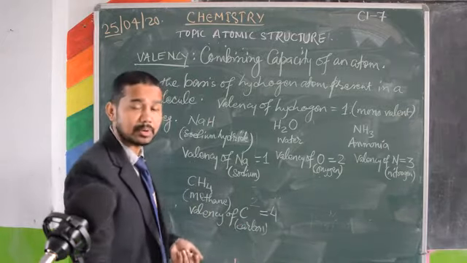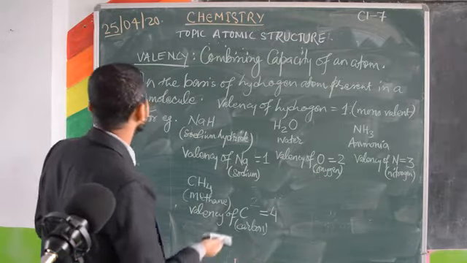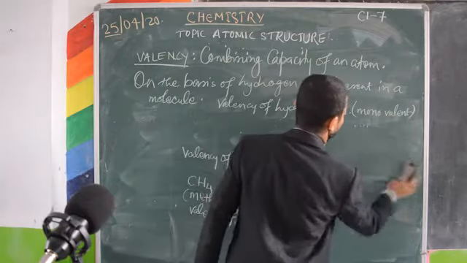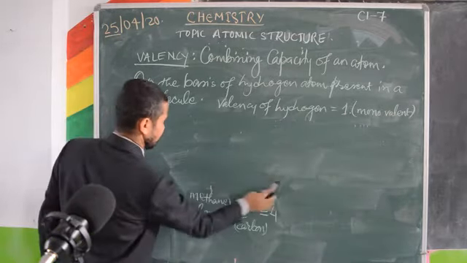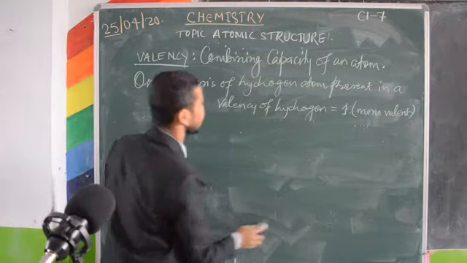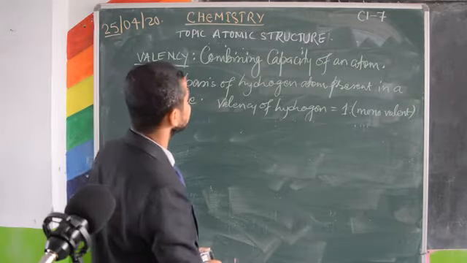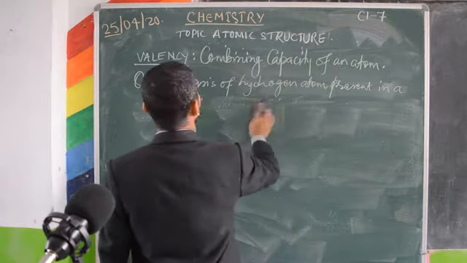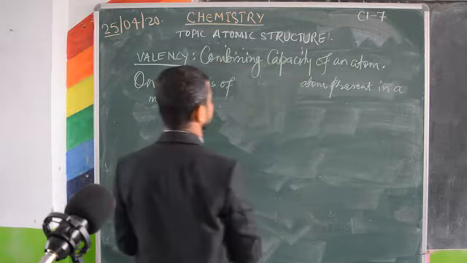Similarly, on the basis of chlorine also we can explain the valency of another element present in the molecule. Valency on the basis of chlorine atom.